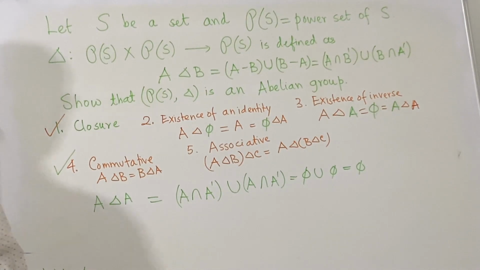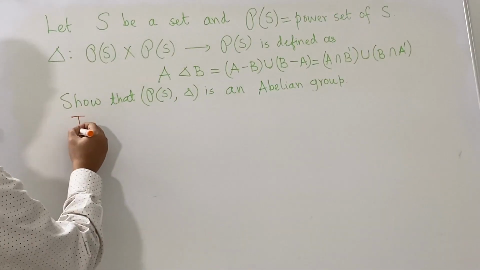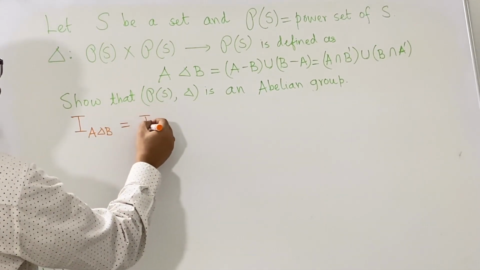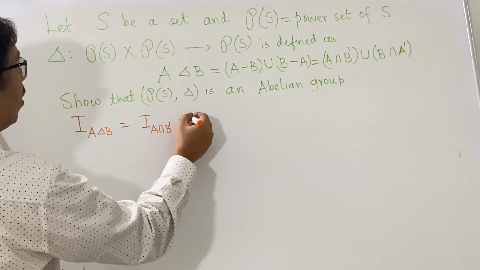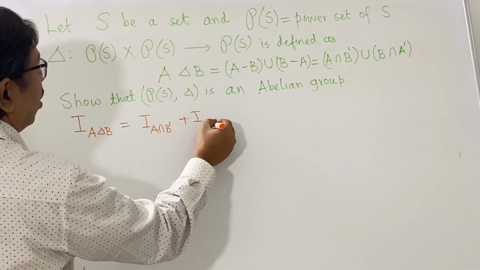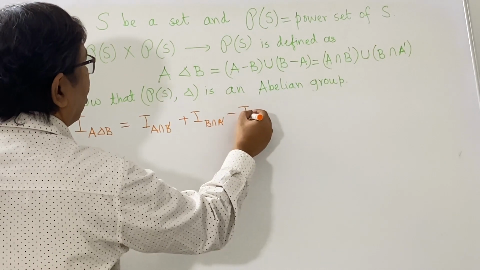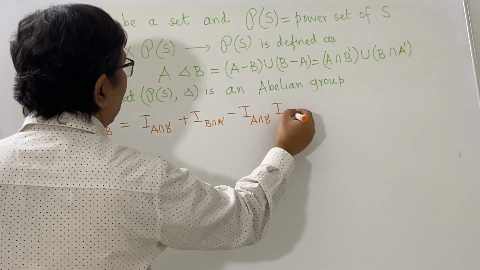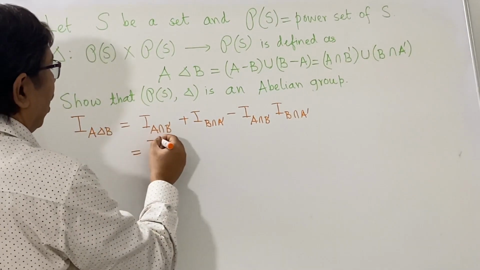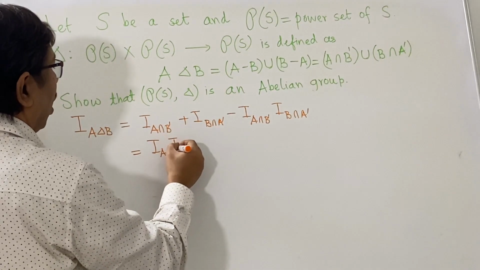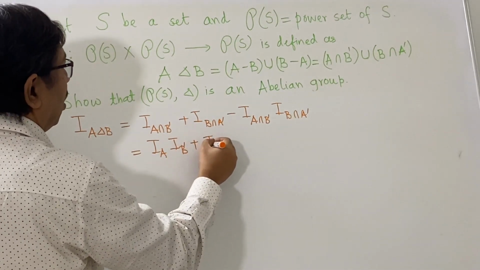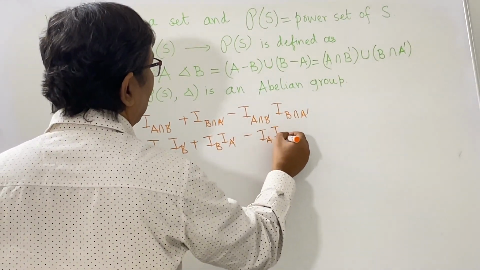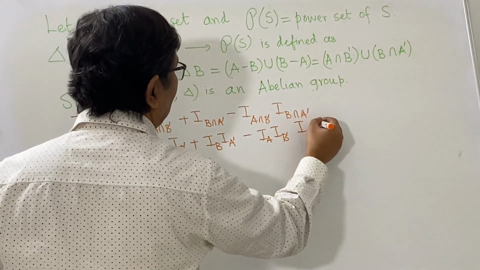So what is left is to prove associativity. The indicator of A delta B is the indicator of A intersection B complement plus the indicator of B intersection A complement minus the indicator of A intersection B complement times the indicator of B intersection A complement. And breaking it further, we have I_A times I_B complement plus I_B times I_A complement minus I_A times I_B complement times I_B times I_A complement.